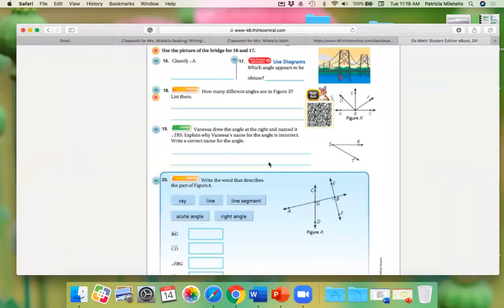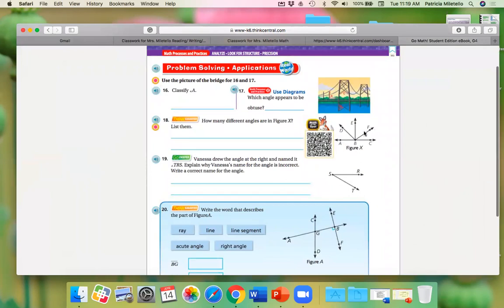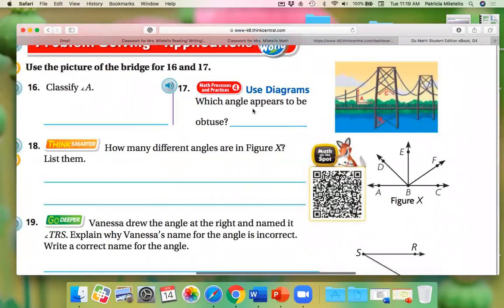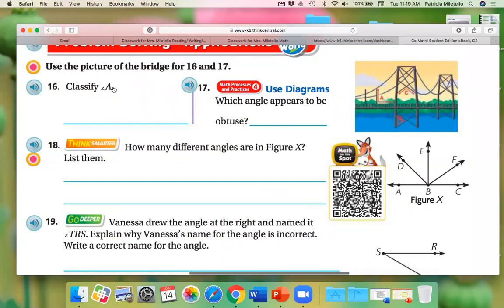On here, you're using this bridge picture to answer 16 and 17. And if you can see the picture, it's a little hard to see on here. You can see that they have three different angles shown on this bridge: angle A, angle C, and angle B. Okay, so they're asking you what kind of angle A is, and which angle you think is obtuse out of these three choices.